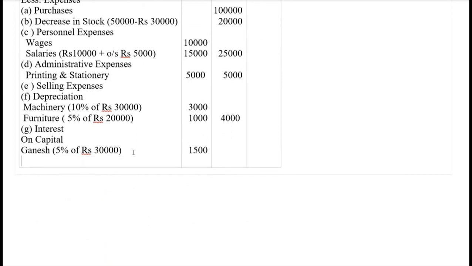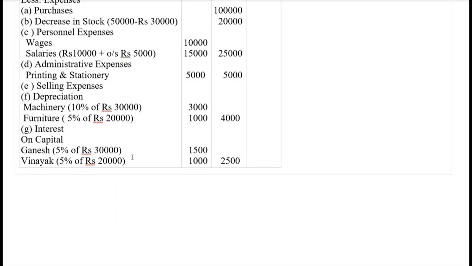Similarly, Vinayak, again 5% of rupees 20,000 is the capital balance, so he will get rupees 1,000. Then the total interest on capital will be 2,500.